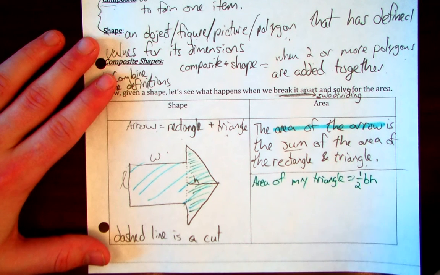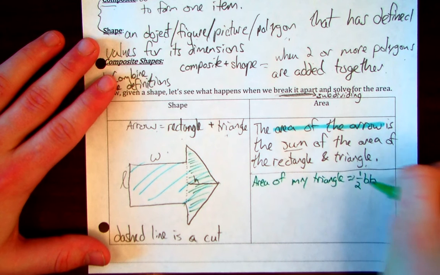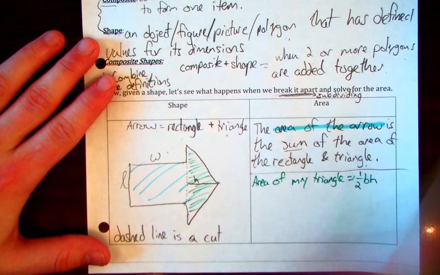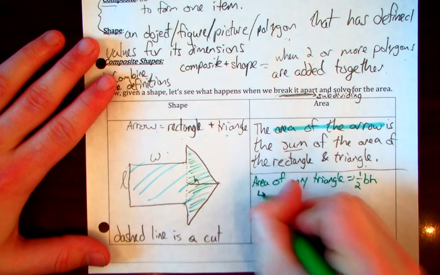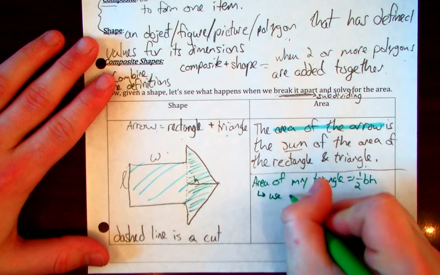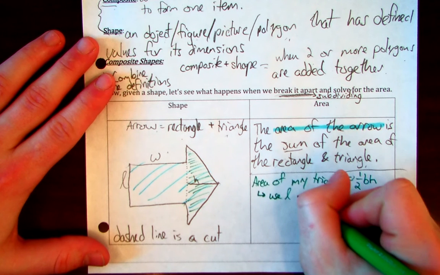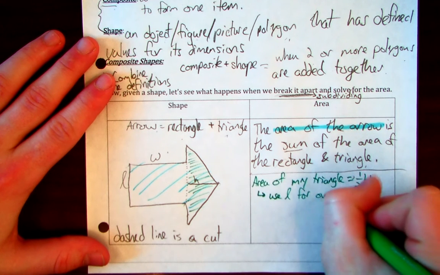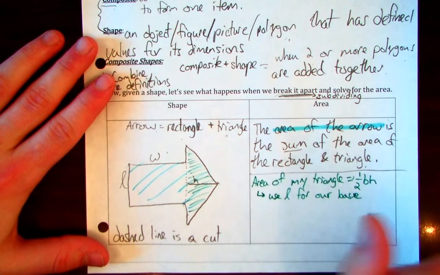Again, this is still using your formula sheet that you have, and very simply use those dimensions. And well, we have h, because it would be this distance here, but what about our base? Well, for this, let's use our length that we have already here, use L for our base. That way, we keep it simple.